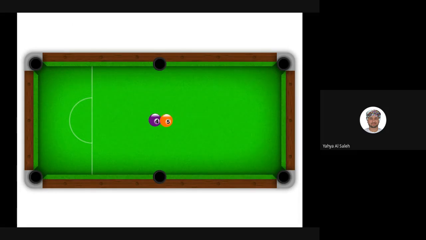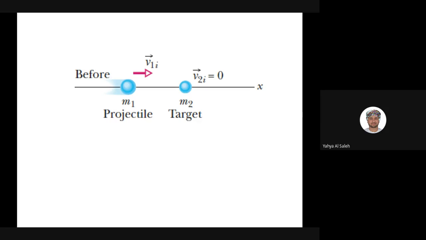Let's take a look at another option. This sometimes happens. They stick to each other, and they move together as if they are one body. In this case, initially, my ball was coming with V1I, but my second ball did not have a velocity. It was stopping completely.